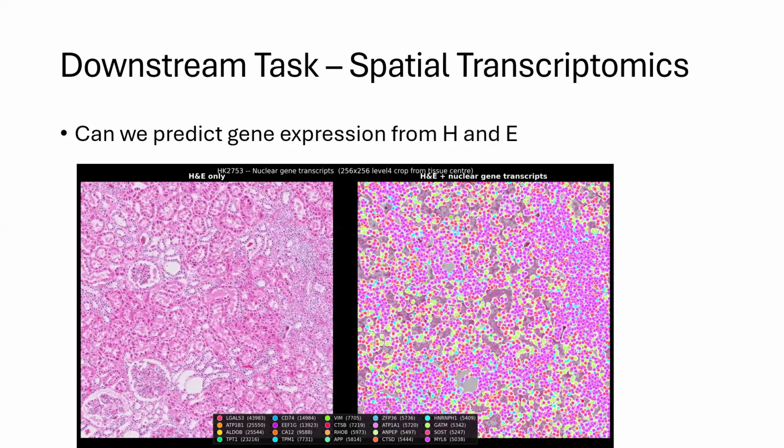The expressions are labeled with different colors for different genes, like ALDOB and so on. So this is what a foundational model can do.